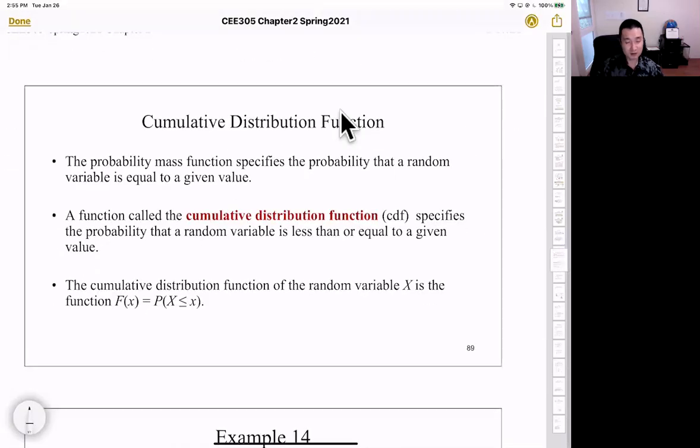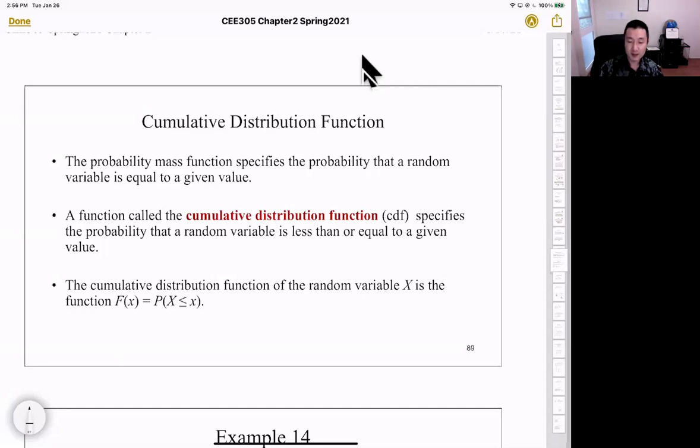So for the next part, we have a new name, called the cumulative distribution function. The cumulative distribution function is calculated based on the probability mass function. The probability mass function gives us the probability that a random variable is equal to a given value, like we just discussed.